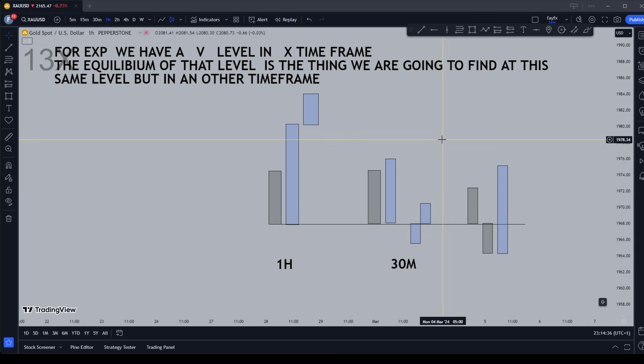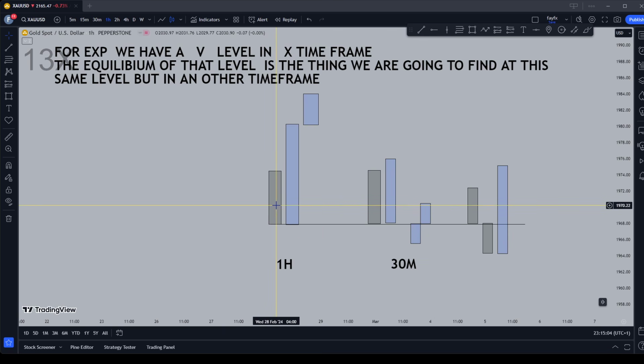This is the equilibrium. The equilibrium of this V level in 30 minutes is either a V level, a gap, or a gap breakout. This is the equilibrium. The concept of equilibrium is something within something.